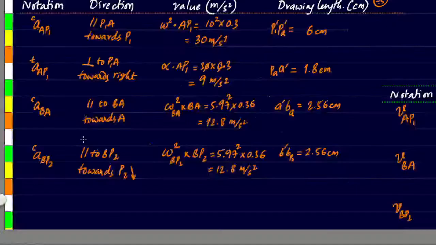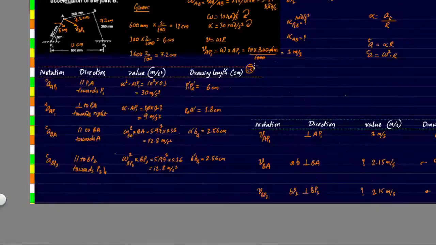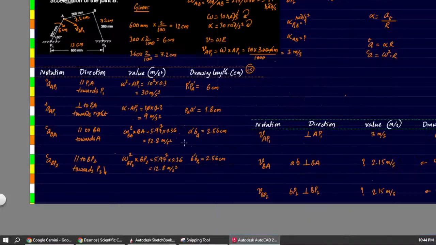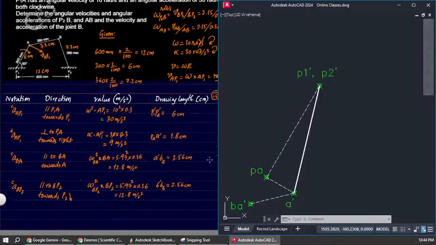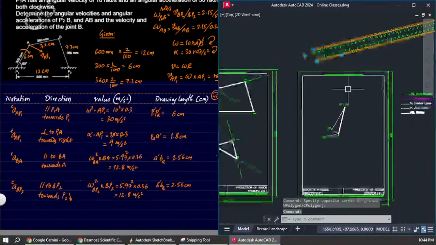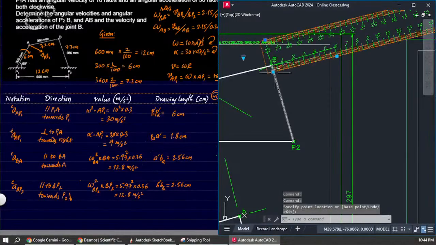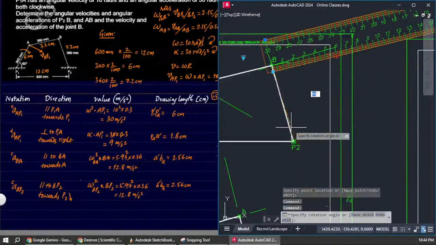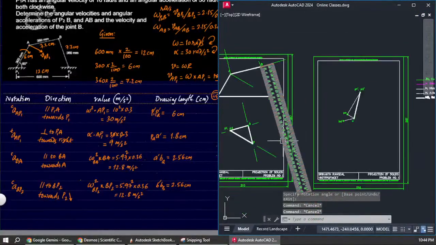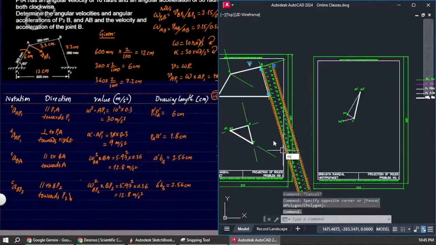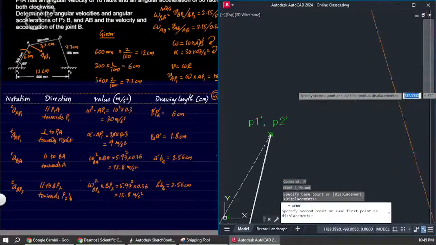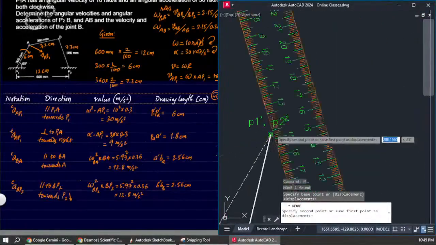So let's draw this downwards, with length 2.56, parallel to BP2. First place it parallel to this, then roll it to here.